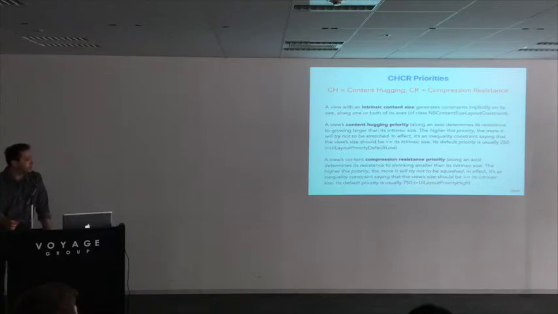So it will tell you how much it hugs the corners of its view. And the higher the priority, the more it will try not to be stretched out. This is really important when dealing with unwanted compression or unwanted stretching of the view. Basically, it's an inequality constraint saying that the view size should be smaller than or equal to its intrinsic size.